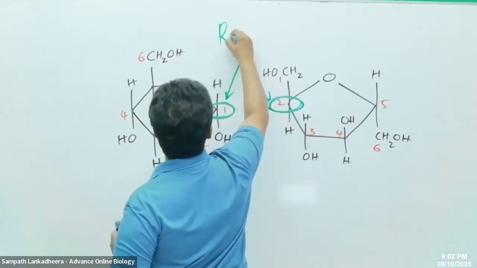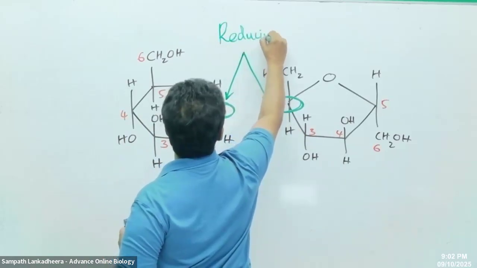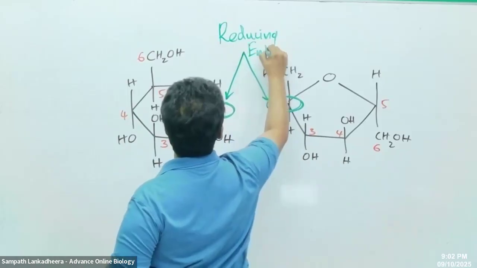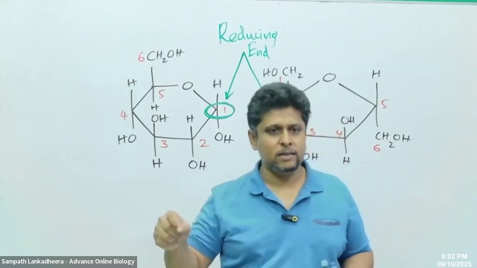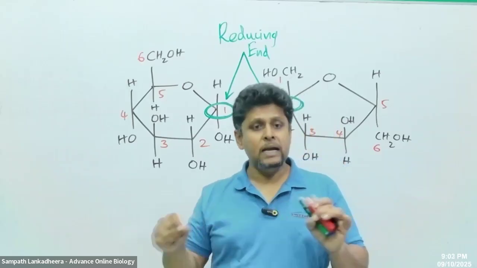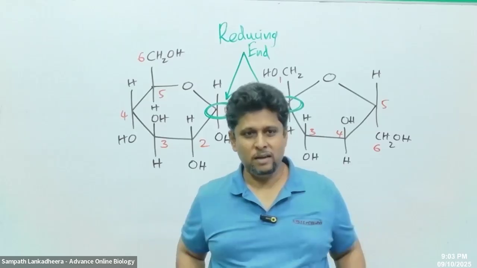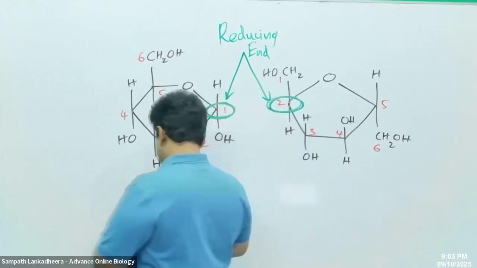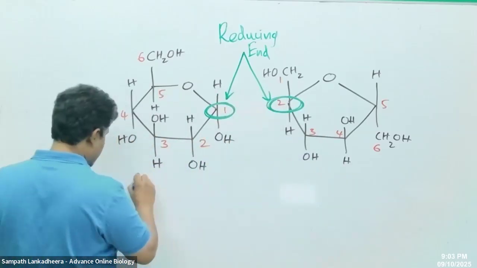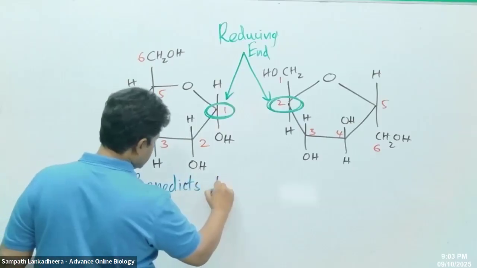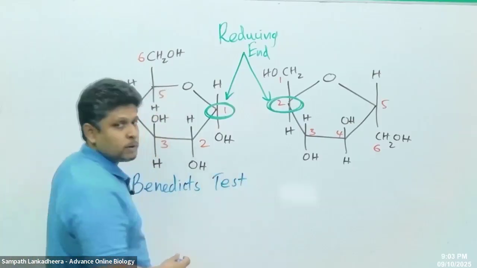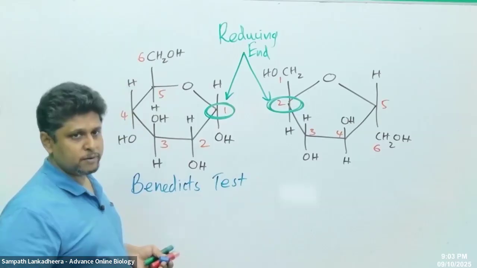What do you call it? Reducing end. Why do you call it a reducing end? Because this is the point that reacts with the copper present in the Benedict solution. So, Benedict's test is one of the tests that we do to identify sugars.